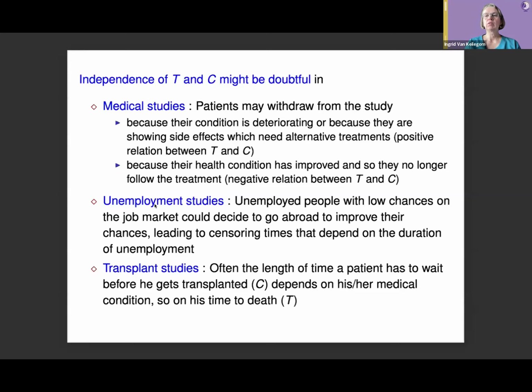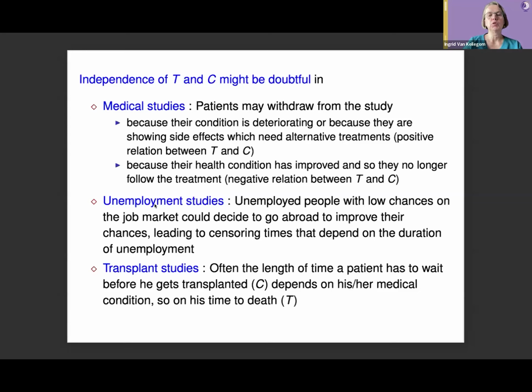So, for instance, a patient who is having severe side effects of a treatment or who is very ill and might be close to dying, that patient might drop out from the study, and then it's clear that it's related to his health, and so indirectly also related to the survival time.